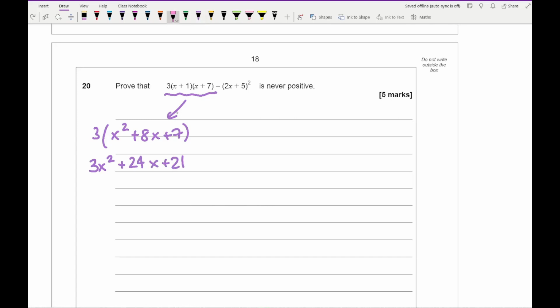Then expanding this bit here, I end up with (2x plus 5)(2x plus 5), remembering that it is a double bracket, and expanding that gives me 4x squared plus 20x plus 25. So I then need to subtract the pink from the purple, and again just making sure I'm writing that in brackets.